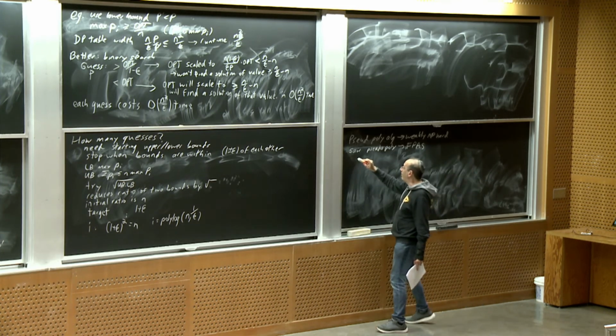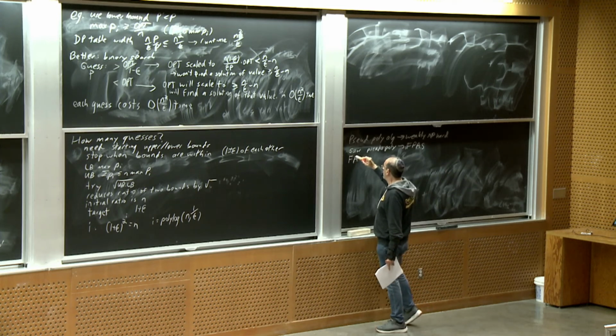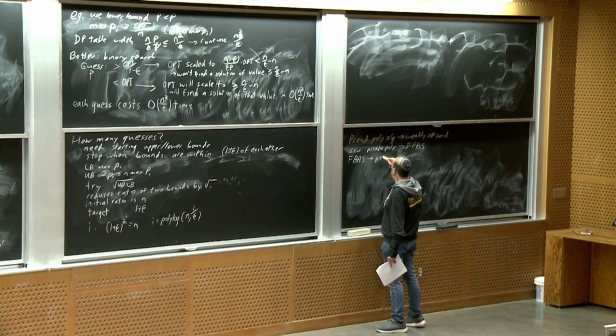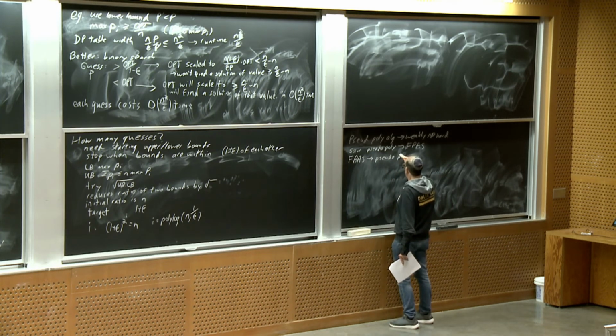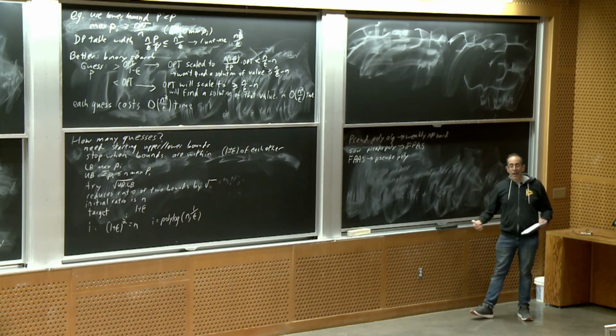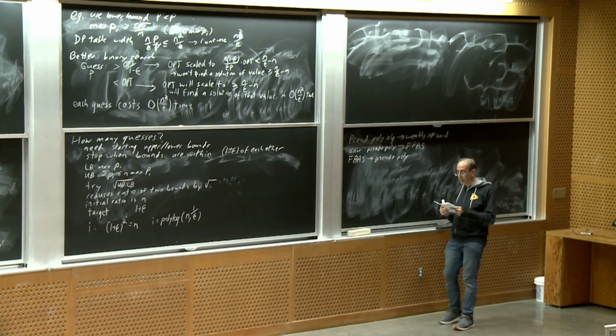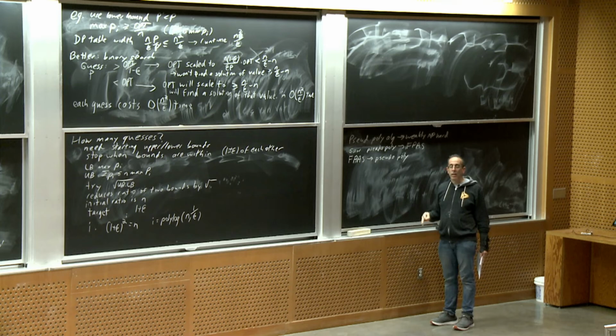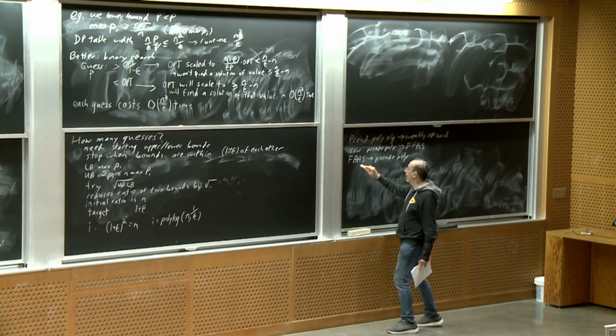Now, interestingly enough, you can also turn any fully polynomial approximation scheme into a pseudo-polynomial algorithm. Okay. That is, if you have a fully polynomial approximation scheme for a problem, then that problem can be solved by a pseudo-polynomial algorithm. There's a polynomial time solution if the inputs are bounded by small integers. Right? And it's very easy to see that.